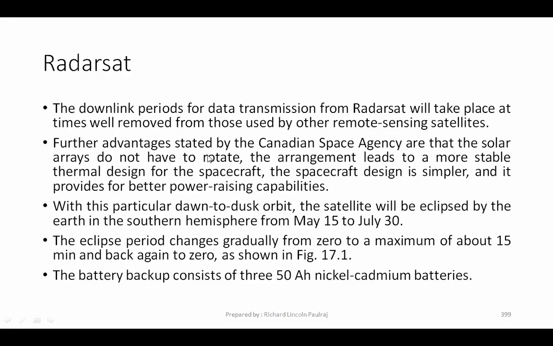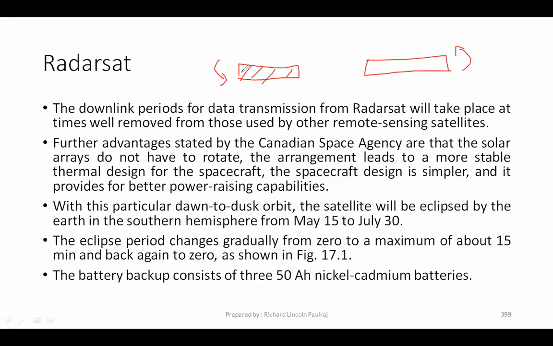Further advantages stated by the Canadian Space Agency are that the solar arrays do not have to rotate. This satellite will have the solar wings, right? These solar wings do not have to rotate in view of the sun. It doesn't have to go in this direction or that direction, the solar panel that I'm talking about.